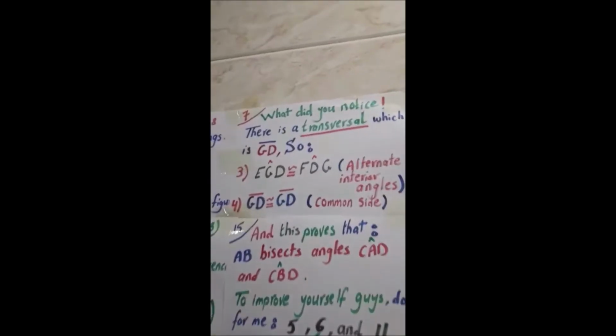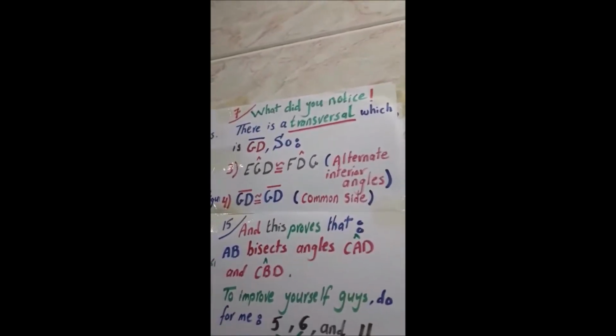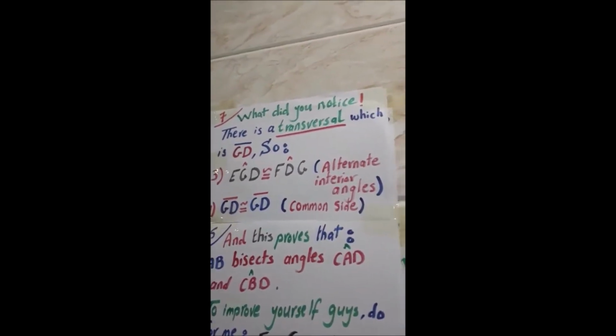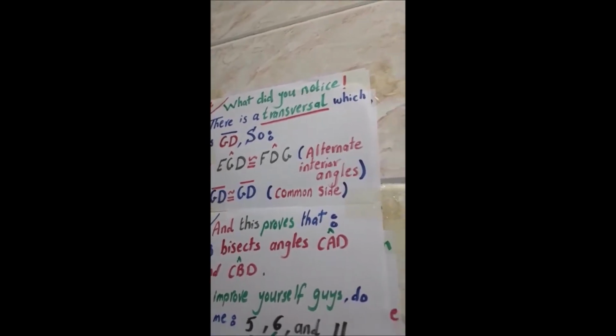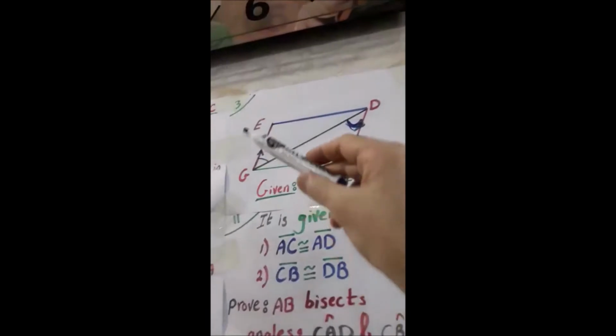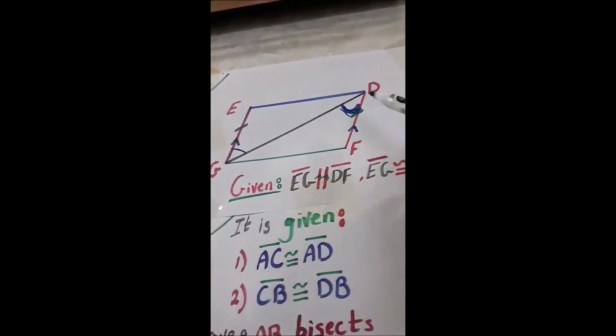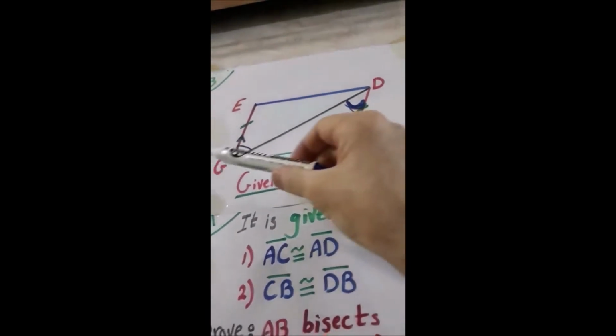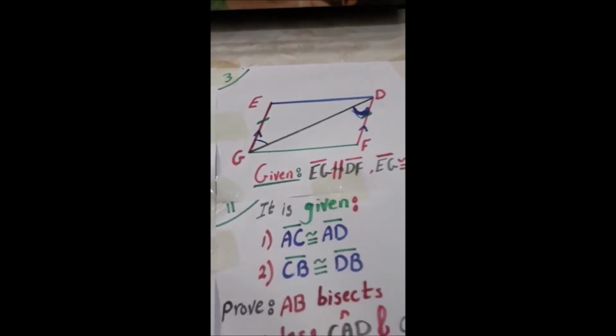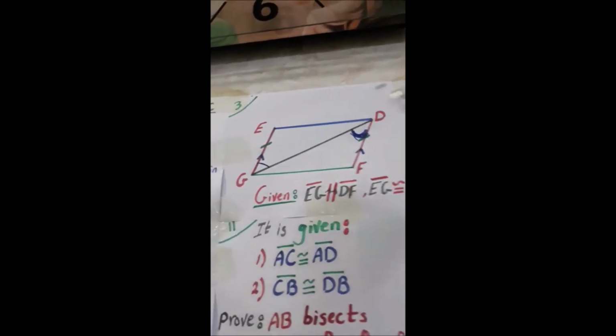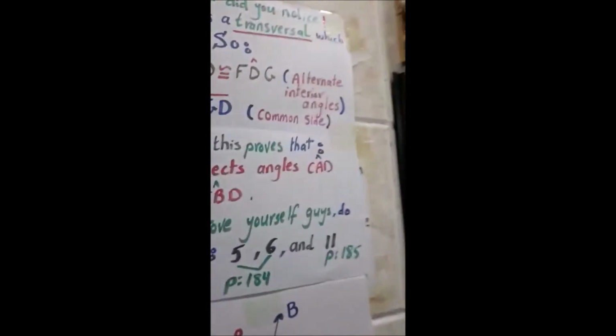Number three, because GD is the transversal, these two angles are congruent, they are alternate interior angles: EGD is congruent to FDG. And number four, GD is equal to GD, the common side.